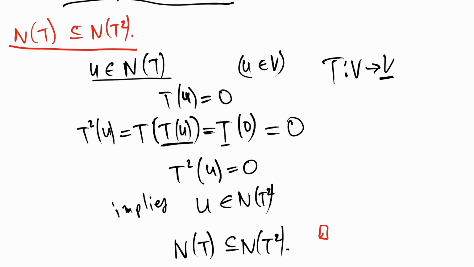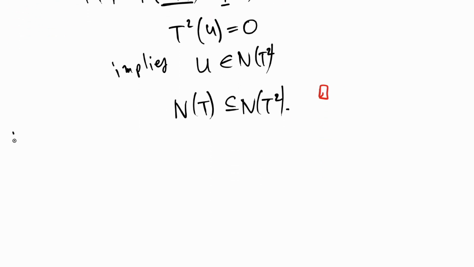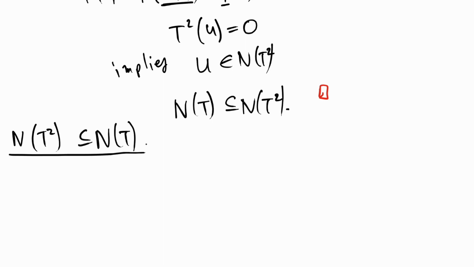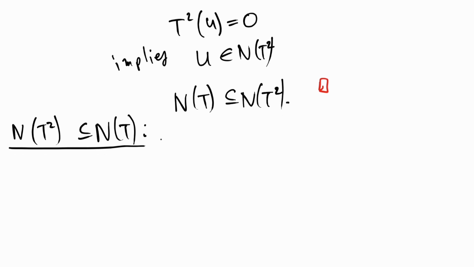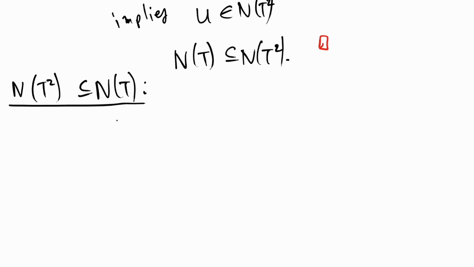We'll now show that NT2 is a subset of NT, and this result is a bit more involved. It requires some more work. Okay, so again we proceed by the same argumentation. Let U be some element in the null space of T2.